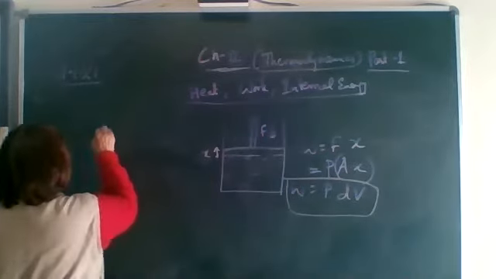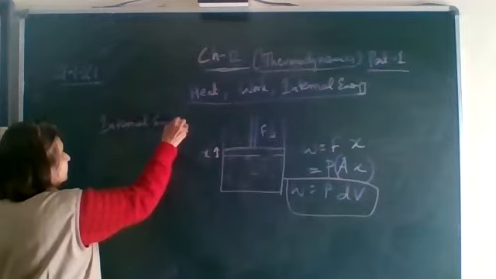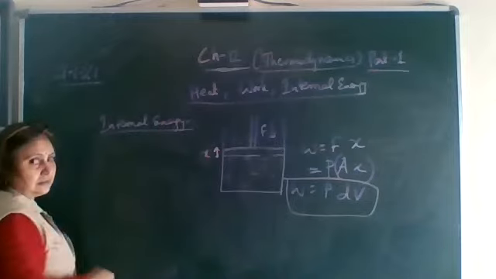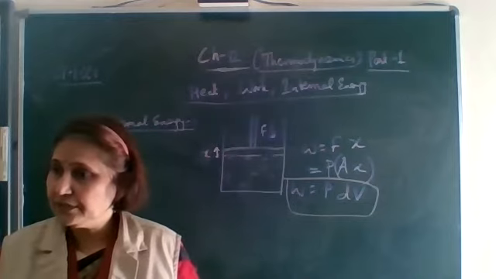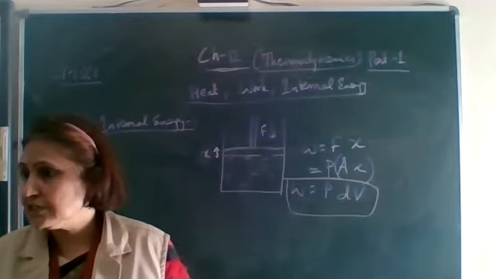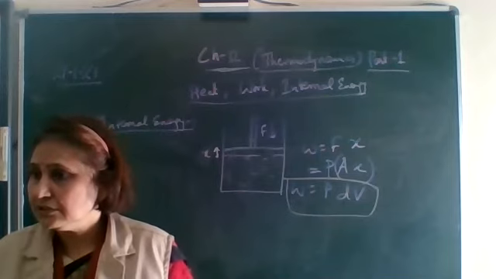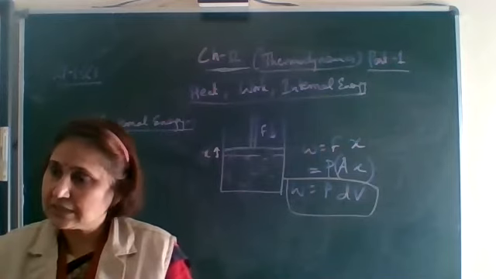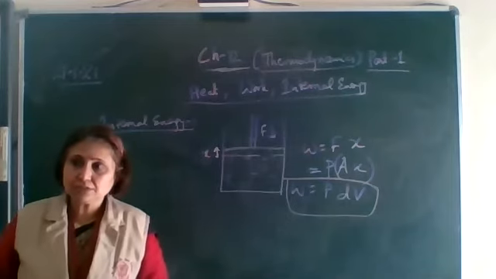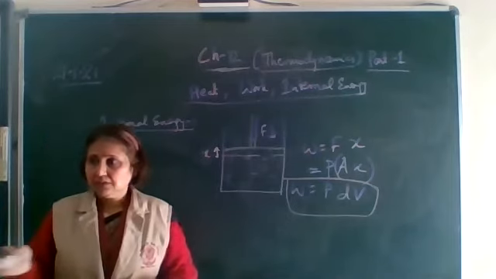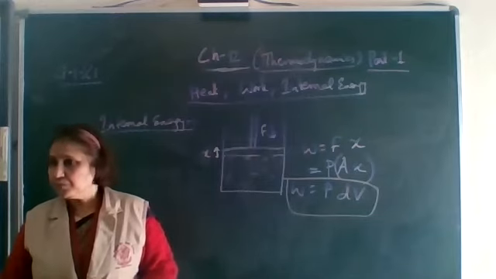Okay, next the third one, internal energy. The name itself is suggesting the internal energy of the system. We know that gas means it's made up of molecules. So the sum of the internal energy of the molecules. Now, which type of energy can they possess? Kinetic, as well as potential energy.